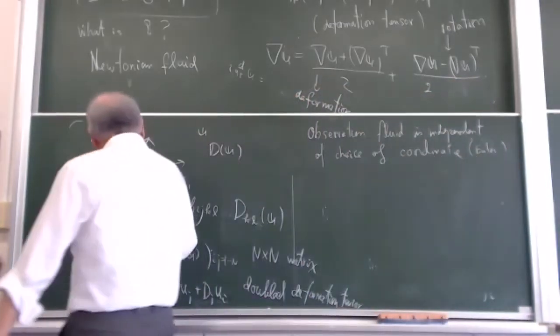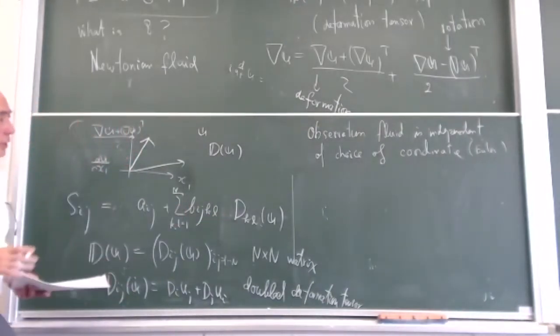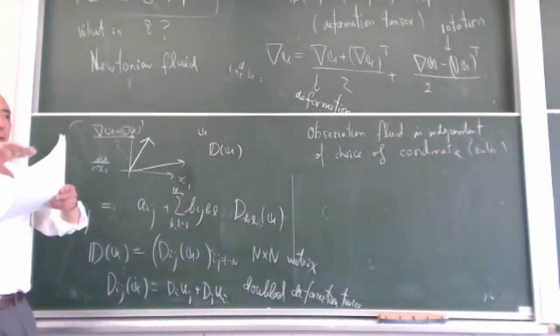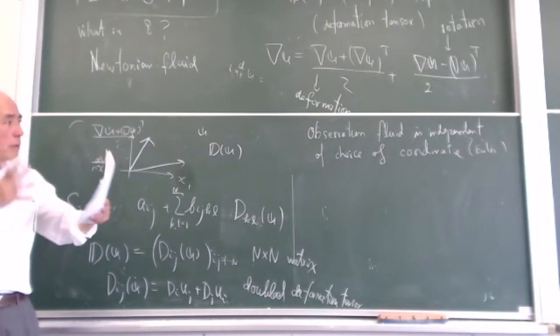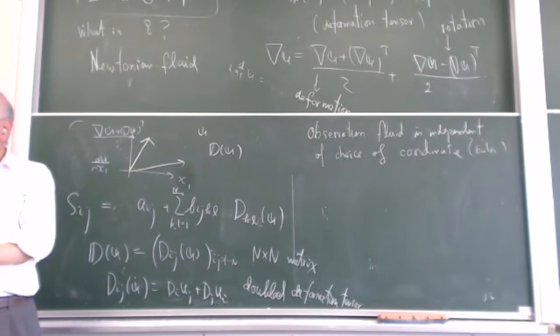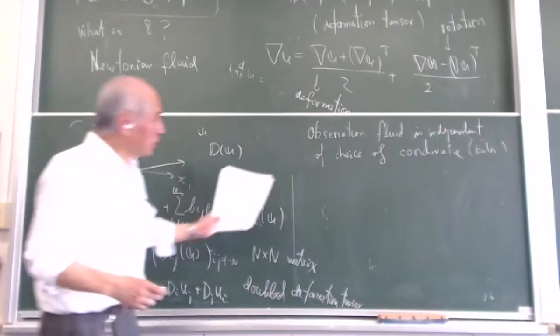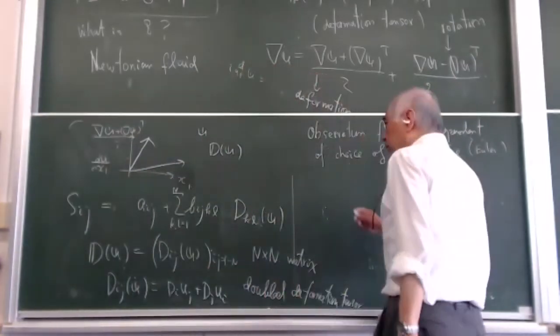So Sij, Aij, or dkl, Bijkl, for example, if you consider any rotation or translation of coordinates, it's invariant.